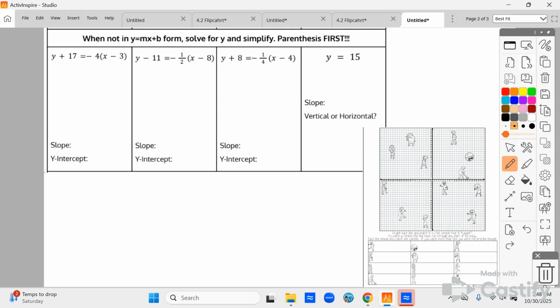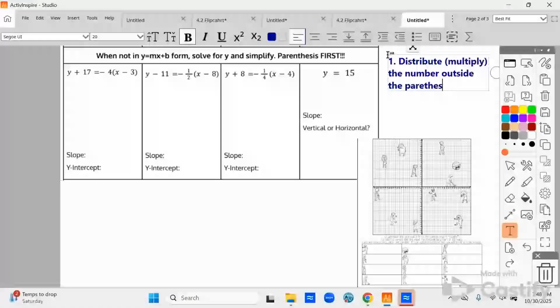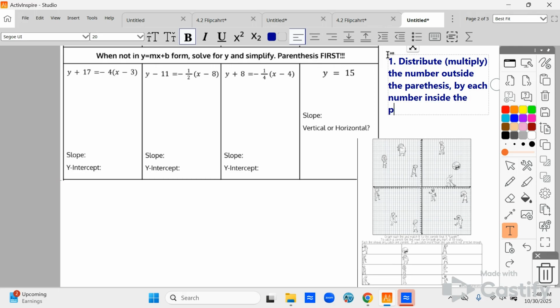In this section, it says when not in y equals mx plus b form, solve for y and simplify. Do the parentheses first. So I'm going to put a step-by-step here on the side. Step 1, distribute, aka multiply the number outside the parentheses by each number inside the parentheses.